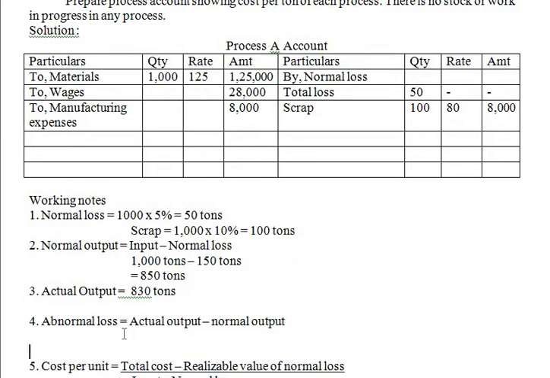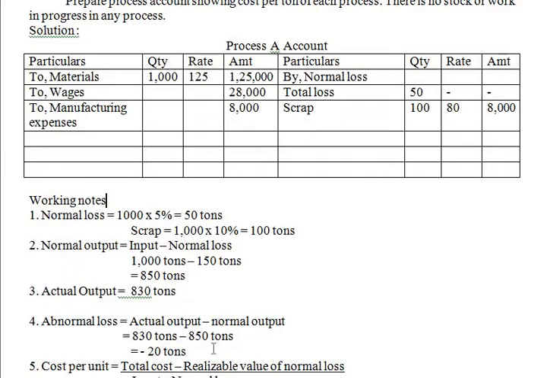So here the formula is actual output minus normal output. Actual output is 830 tons minus normal output. Normal output is 850 tons. This is according to our second working note. So that will be equal to minus 20 tons. Minus 20 tons is nothing but abnormal loss.